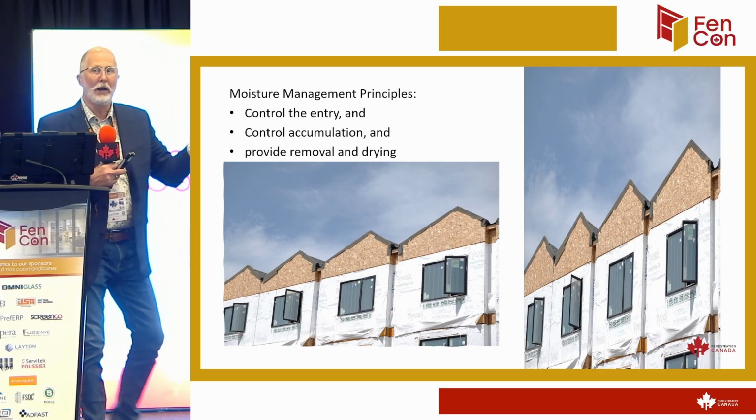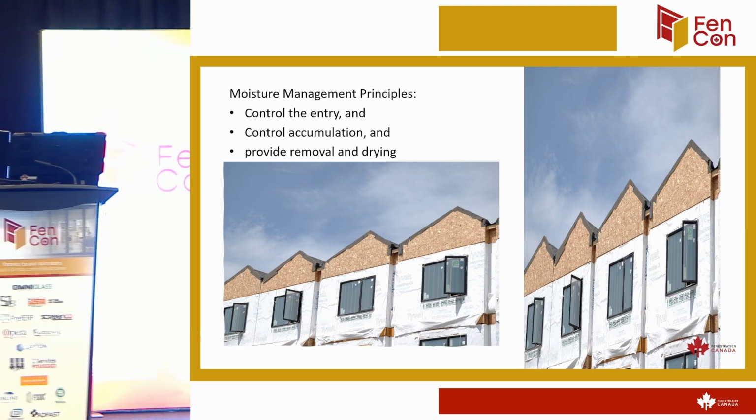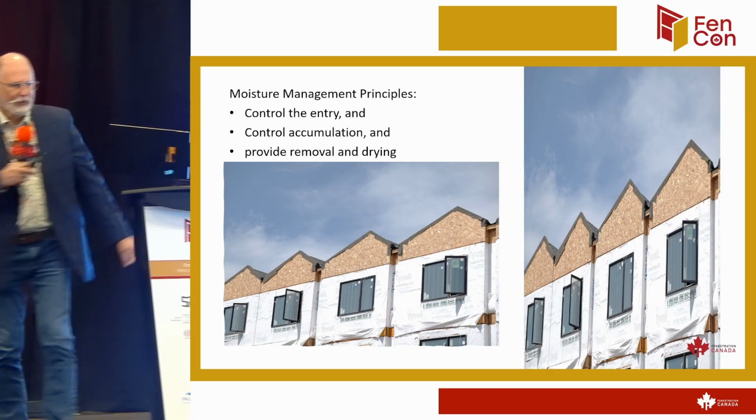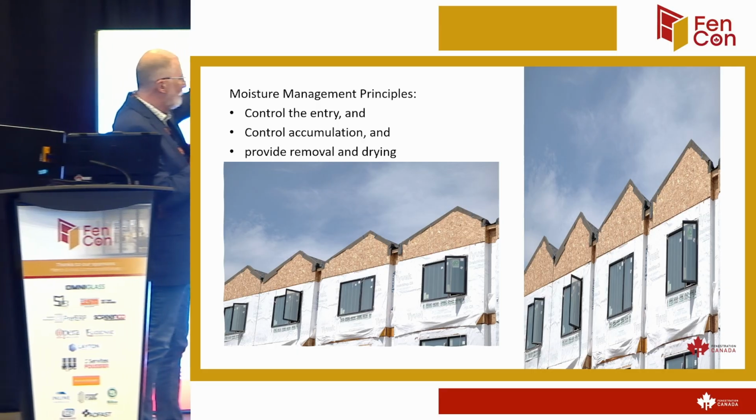And because there are no overhangs, we can seriously increase the risk of water getting in there. So once the water's in there, now it's running down the wall and it finds a joint.